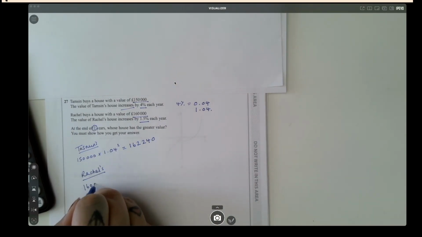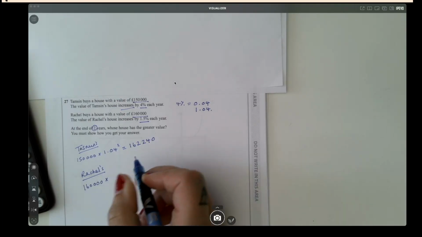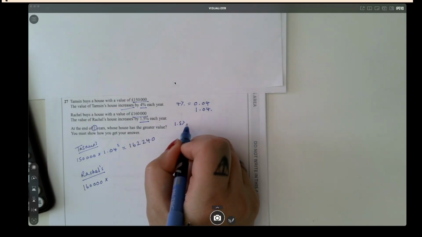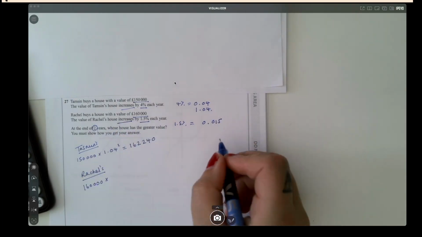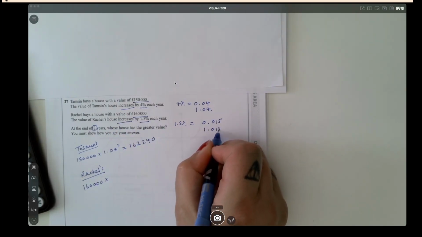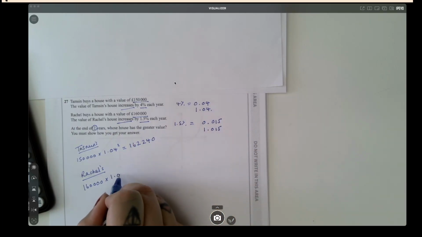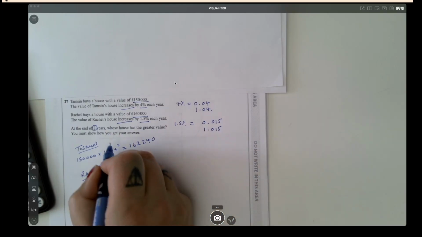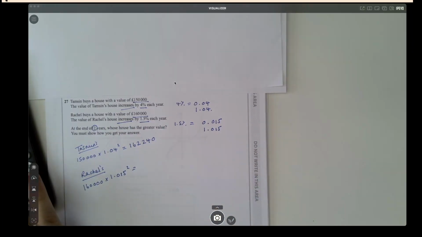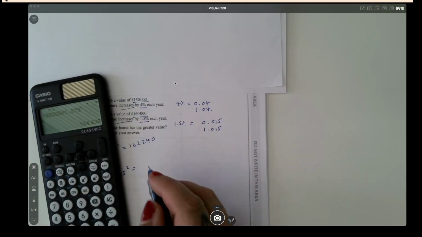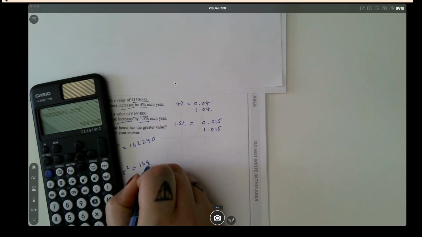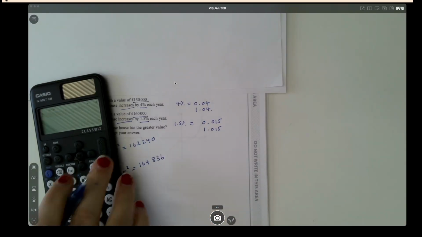Now let's do the same for Rachel. So she's got 160,000. 1.5% is 0.015, but it's an increase, so it's 1.015. Still to the power of 2 years, which is 164,836.